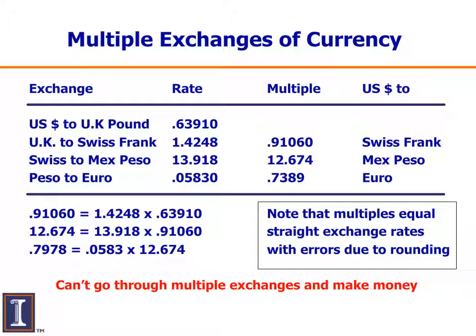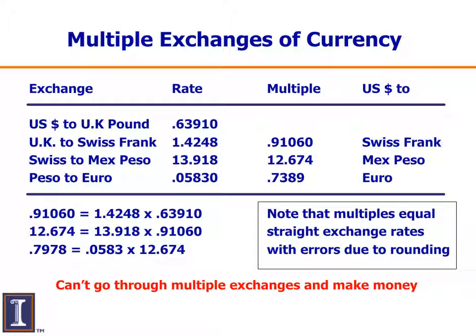All right, if you look at the multiple line, you'll see there that in the line with the UK to Swiss franc, there's a 0.91060. And that 0.91060 equals the exchange rate of moving the US dollar to the UK pound, 0.63910, and the UK pound to the Swiss franc of 1.4248. Multiply those together and you get that 0.91060.